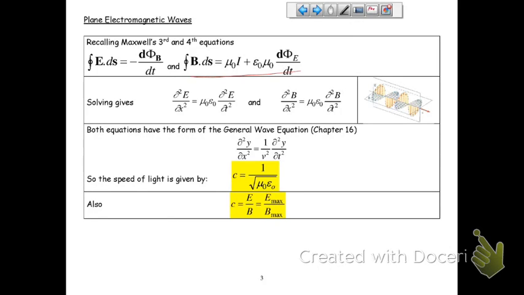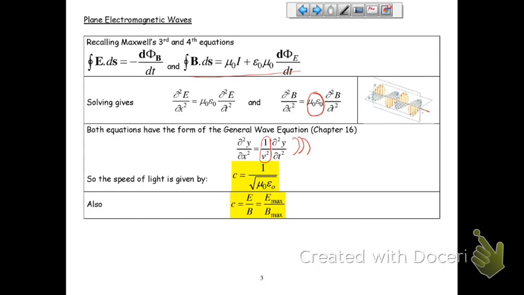Both equations have the form of the general wave equation. The general wave equation was d2y by dx squared is equal to 1 over v squared d2y by dt squared. And we touched on that in mechanics, oscillations and waves. And then we said, by analogy, if that is 1 over v squared, then that is 1 over v squared.